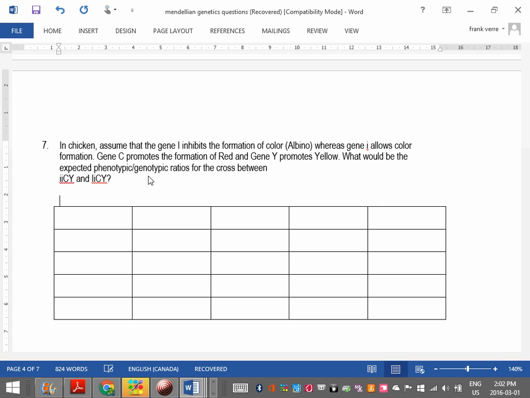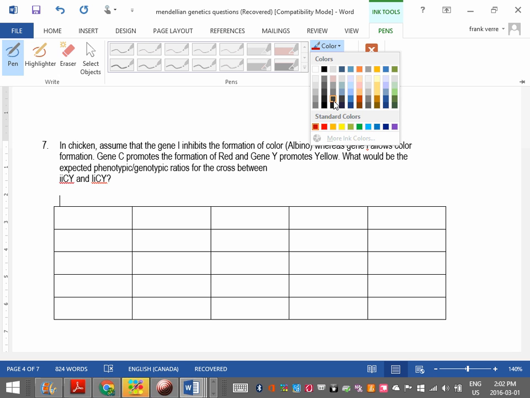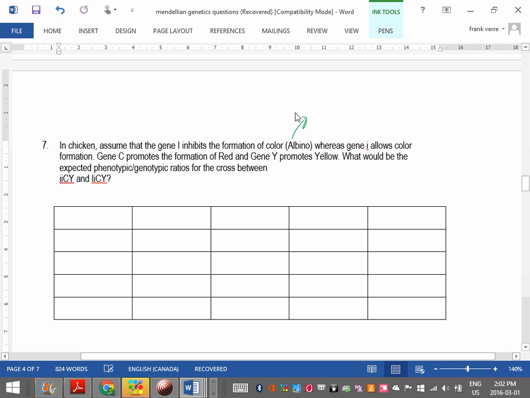What kind of inheritance pattern do you think this is? So we have chickens, where we have, Breeza, I think you were working on this question, were you? Okay. So what inheritance pattern is this, Breeza? It's a dihybrid cross, but it's a special type of dihybrid cross. Remember what it is? Starts with an E. Yeah.